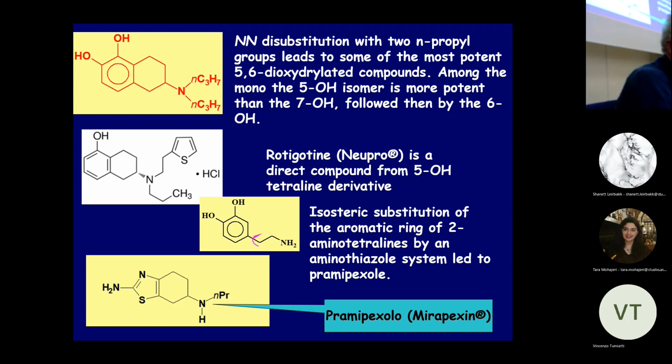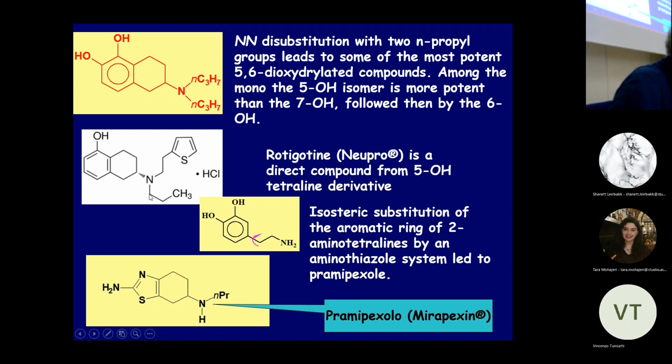In this class, we have 2 drugs. The first one is rotigotine, which is the chemical structure of this compound. If you see, once again, you have the same system of aminotetraline in which the OH corresponds to the OH in 3 of the trans beta alpha rotamer.